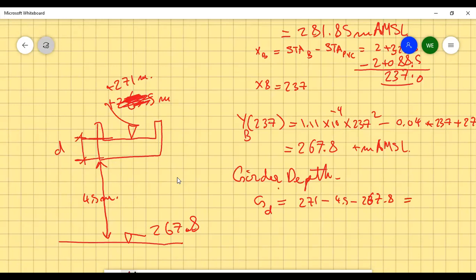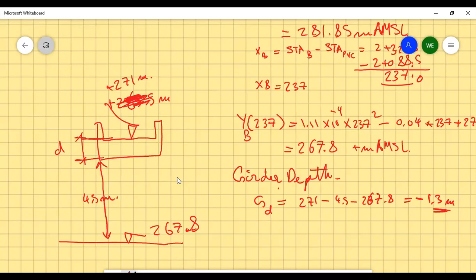So if we do this, we will end up with 271 minus 4.5 minus 267.8. Oops, so now it's minus 1.3 meters.